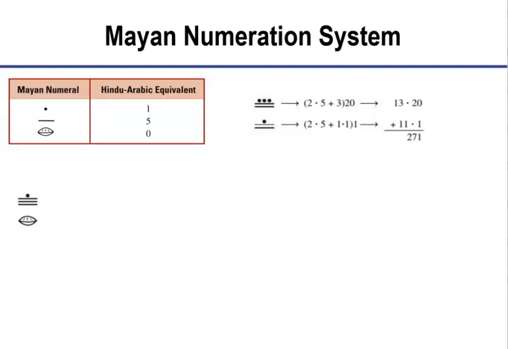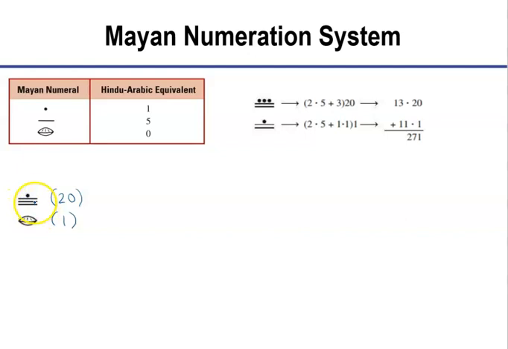So here we go. Remember, this works vertically. So the lower symbol is going to be times 1. And then the upper symbol is going to be times 20. If we look at the upper one first, I've got 1, 2, 3 of those bars, and each of those is 5.